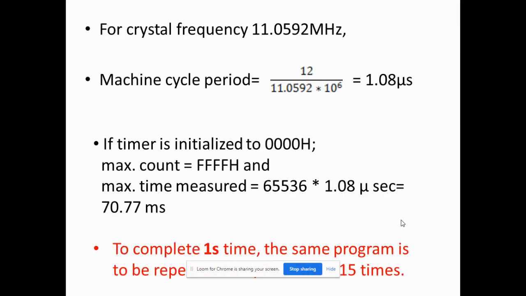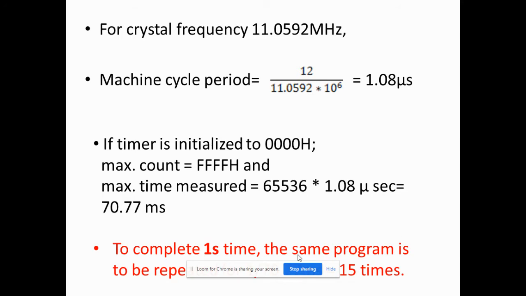The main thing here is the maximum count measured by the 8051 counter timer will be 65,536 in decimal and FFFF in hexadecimal. So the maximum time measured will be 65,536 multiplied by 1.08 microsecond, that is the time required for one machine cycle.